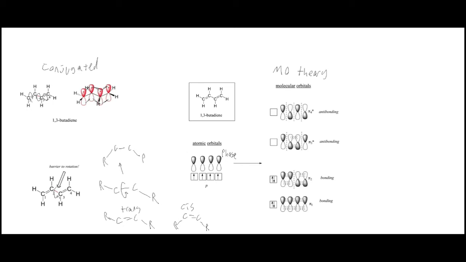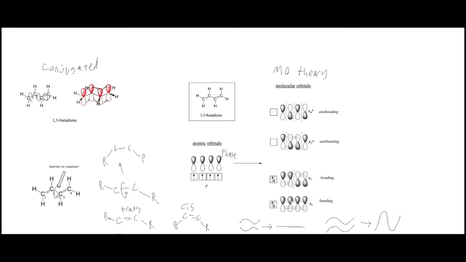If you know how waves work, when you have a wave like this and combine it with something in phase, you get constructive interference, where it has a much larger amplitude, whereas if they are out of phase, then you end up with zero amplitude.